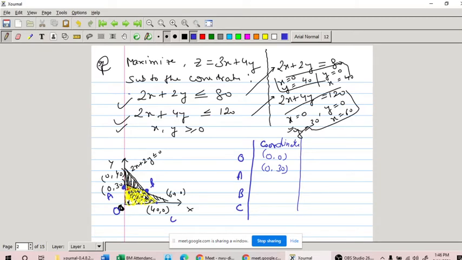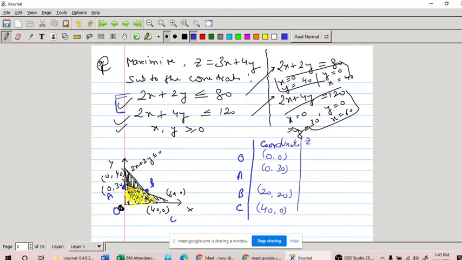When you solve these two constraints, you will get the intersection point of these two lines. So B is 20 comma 20, and the last coordinate C is 40 comma 0.